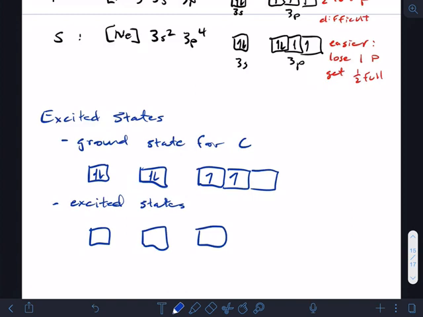Excited states, on the other hand, we've got a couple of versions. We can have one that looks like this, where I move this electron to a higher level.